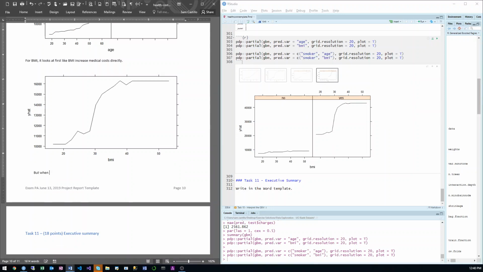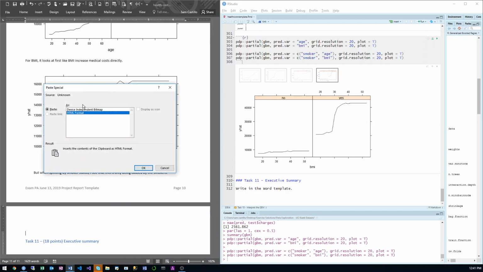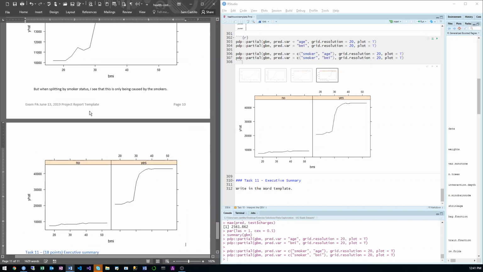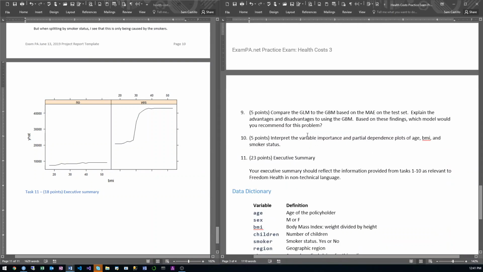But when splitting by smoker status, I see that this is only being caused by the smokers. Okay, now I think that is it.